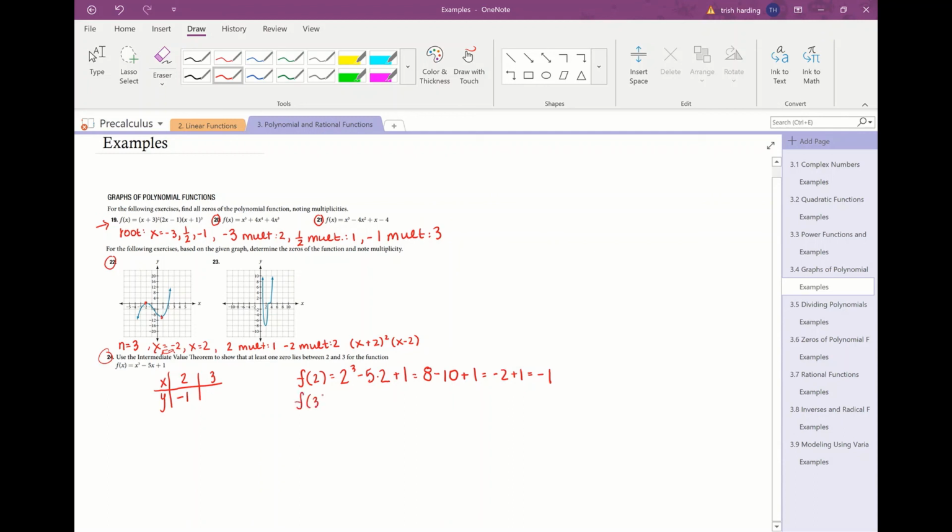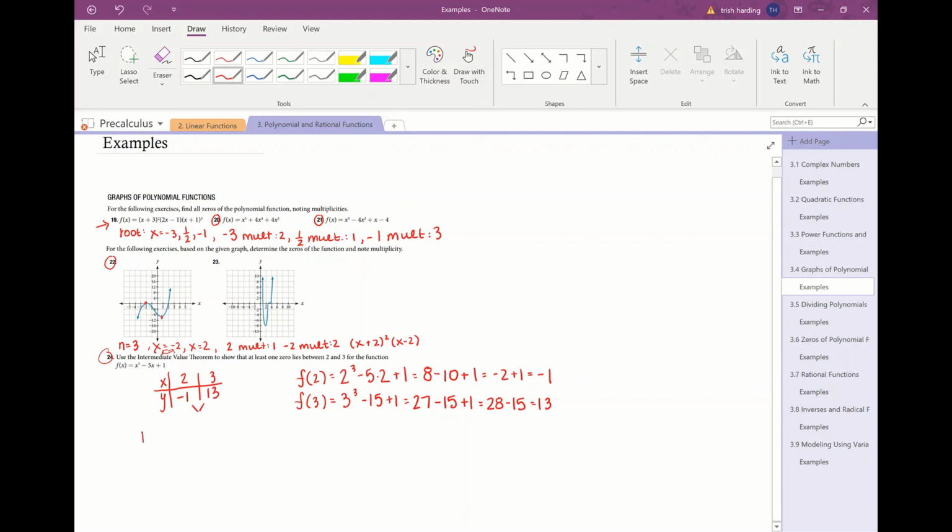Now my f of 3. That's going to equal 3 cubed minus, and I'm just going to go ahead and say 5 times 3 is 15 plus 1. So that gives me 27, because 3 times 3 is 9 times 3 is 27, minus 15 plus 1. So we really have 28 minus 15, because we added that 1 to the 27. So that is going to give us 13, positive 13.